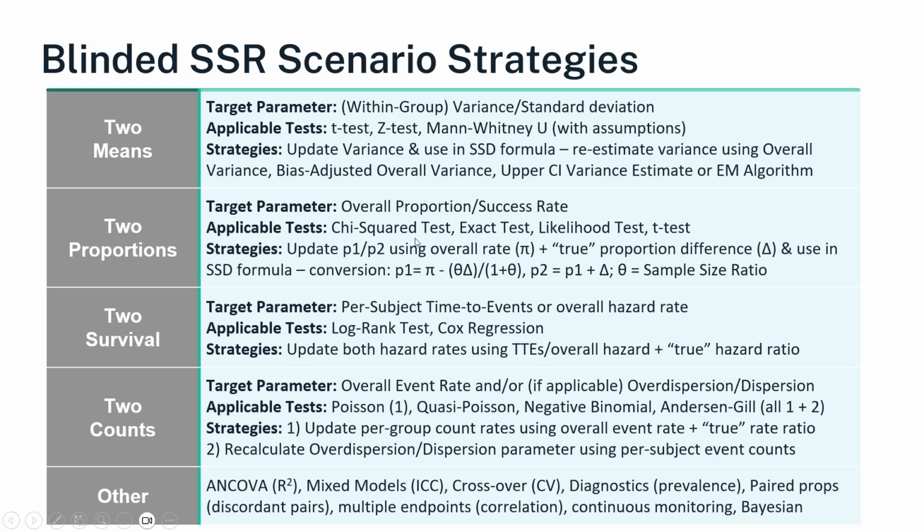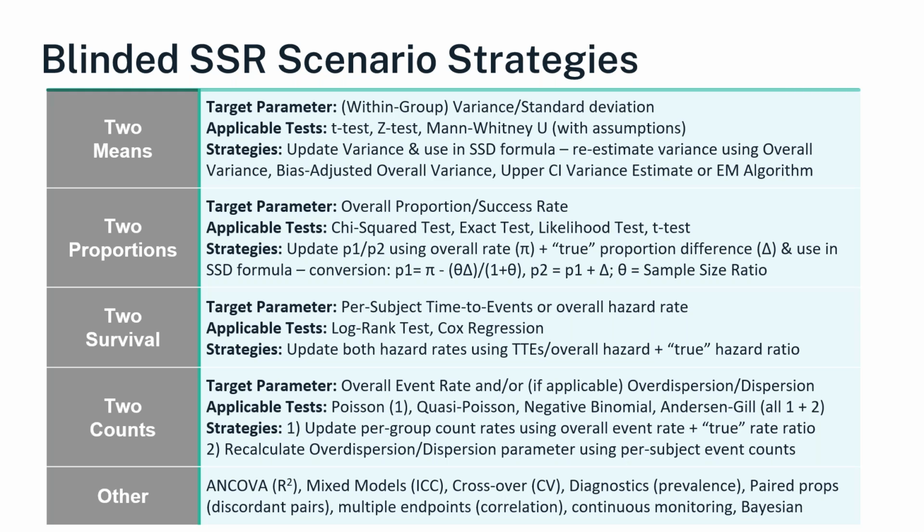Two proportions and two survival, in this case, basically work the same. We're going to calculate an overall proportion, or an overall hazard rate. And basically we're going to recalculate the per-group proportions or per-group hazard rates by making a strong assumption about the effect size, say the odds ratio or proportion difference in the context of two proportions, or the hazard ratio in the context of survival, and use that to recreate what the updated P1, P2 values or the updated lambda 1, lambda 2 values are.